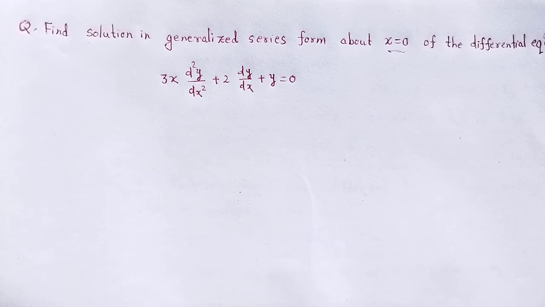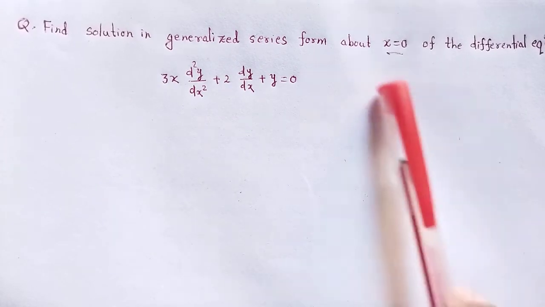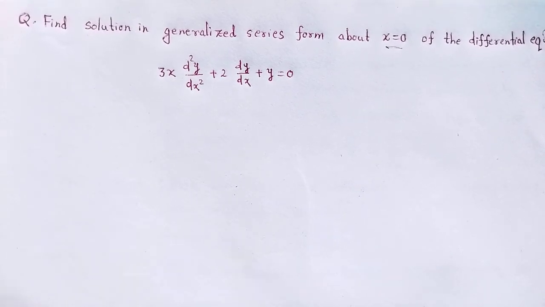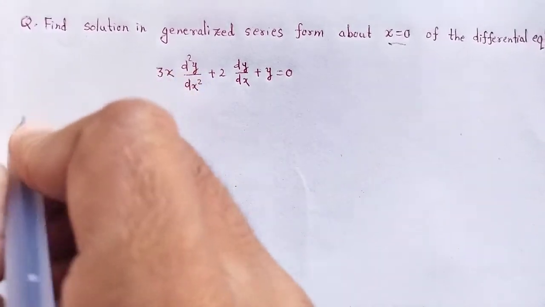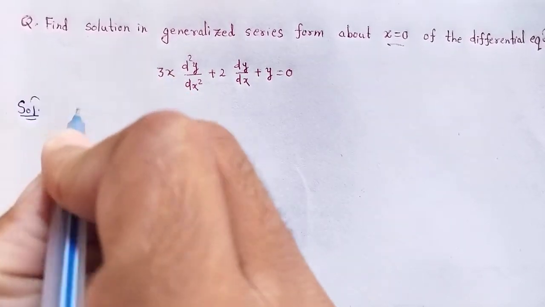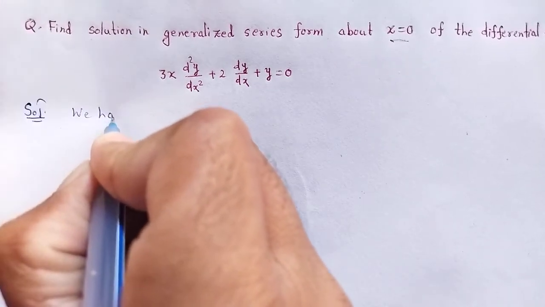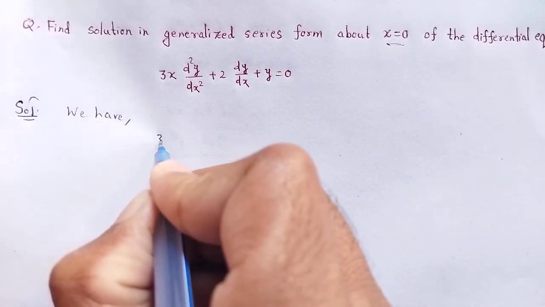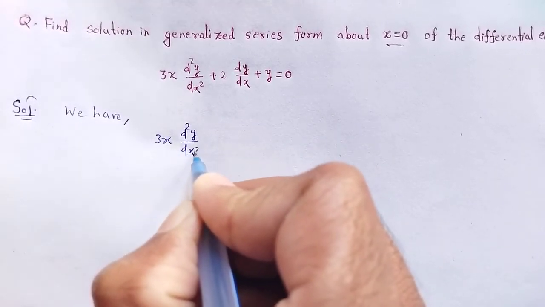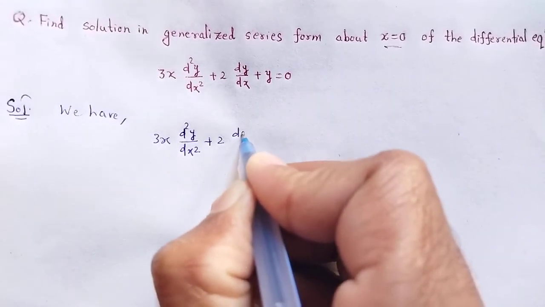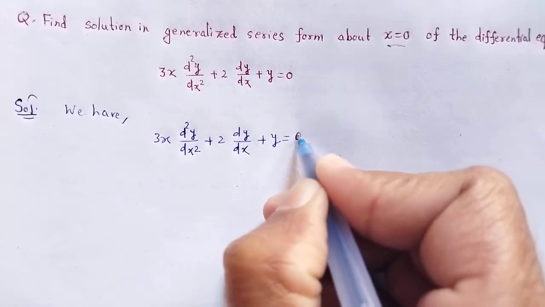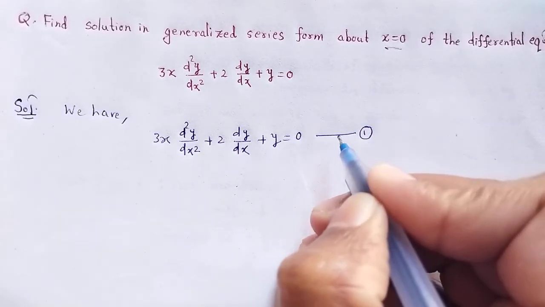Since x is equal to 0 is a regular singular point, we can solve the differential equation by using the Frobenius method. How do we get that solution? We have 3x d square y by dx square plus 2 dy by dx plus y is equal to 0. Let this be equation number 1.